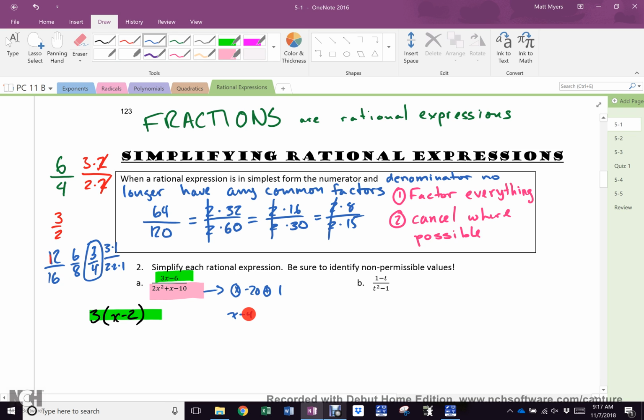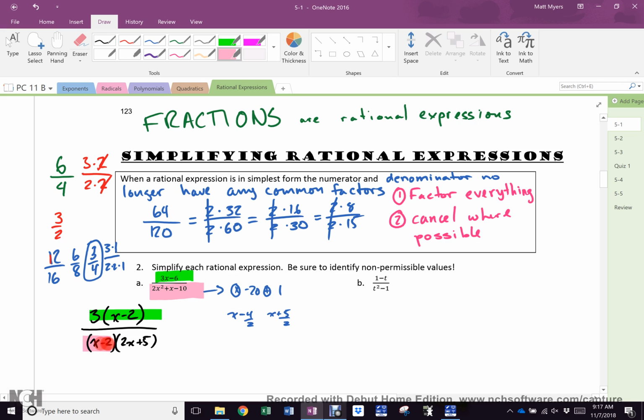What is it? 4 over 2, because of that 2. And x plus 5. But it's not 5. It's 5 over 2. Simplify that. Over x minus 2. And where does that denominator go?